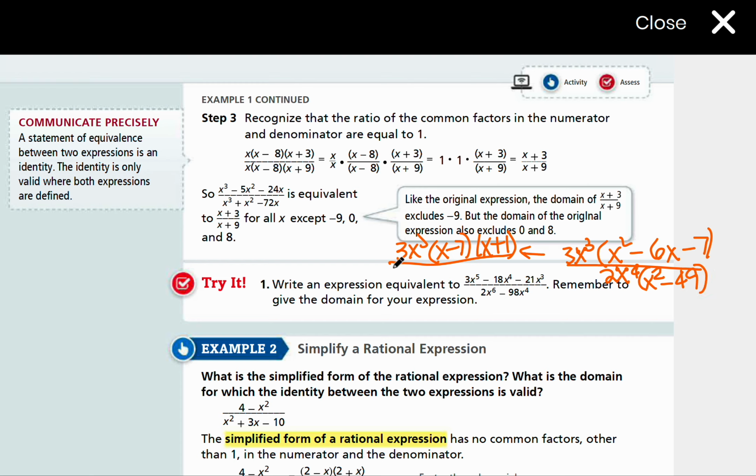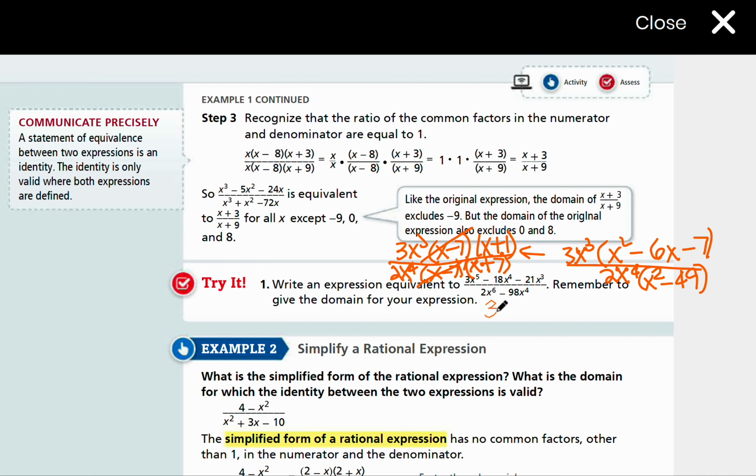And then that means you have 2x to the 4th power times x minus 7 times x plus 7. So you have the same factors, right? So you can cancel this out, and whatever is left is your expression.